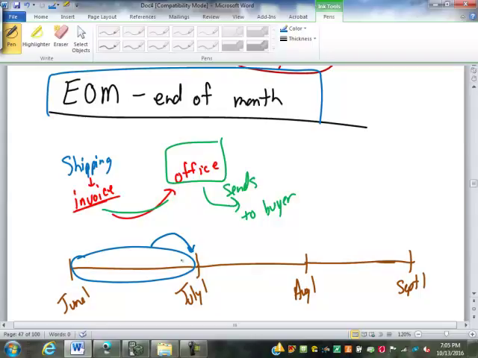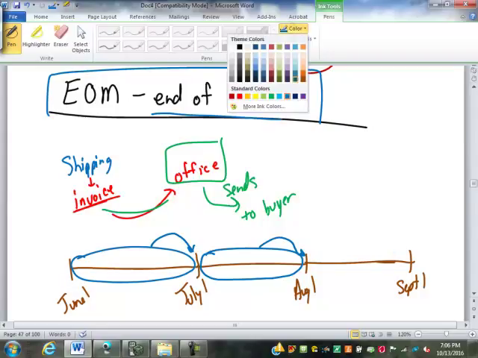So their effective invoice date is the last day of June, the end of the month. All the bills for July get gathered up at the end of July and sent out to customers. And the same for August. All the invoices for August get gathered up and processed.